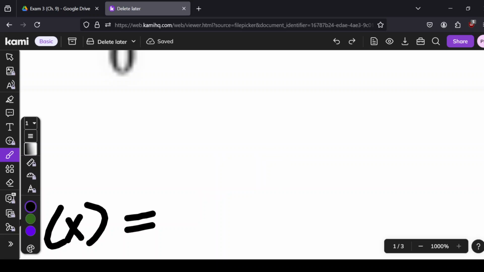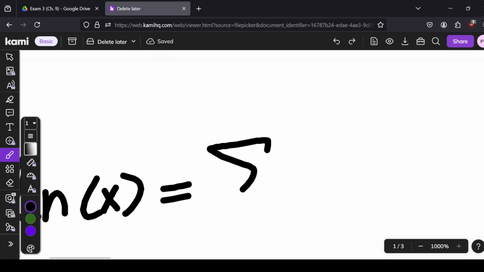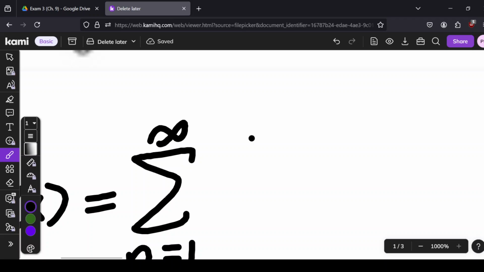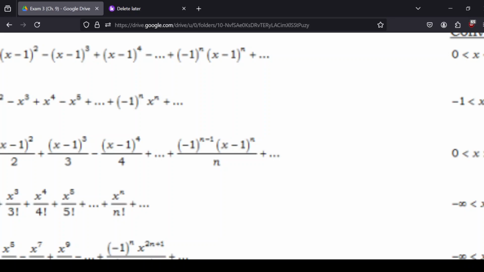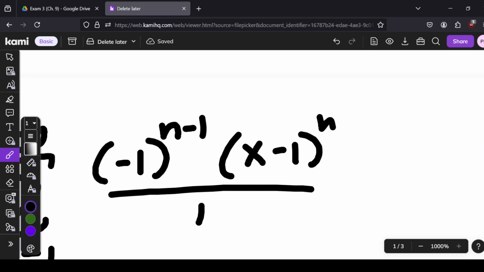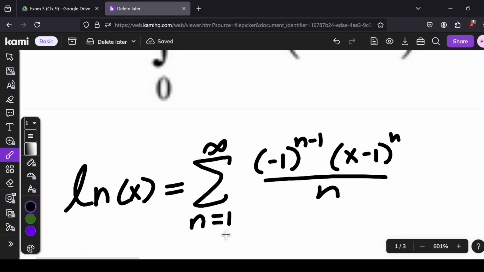I guess it should be a series times x to the n, x minus 1 to the n. Yeah. And it's n equals 1 because of this denominator.